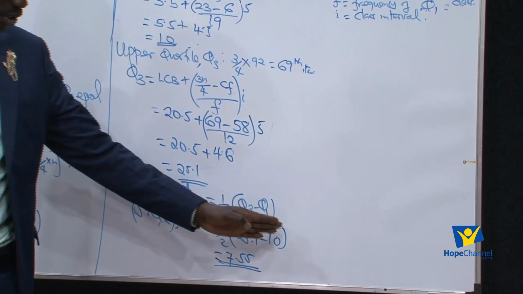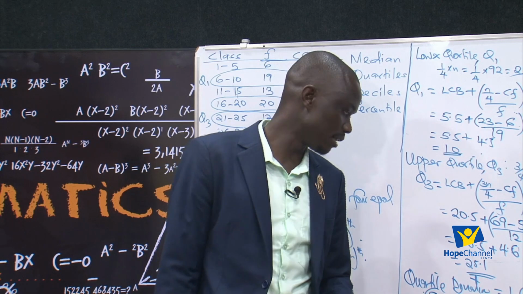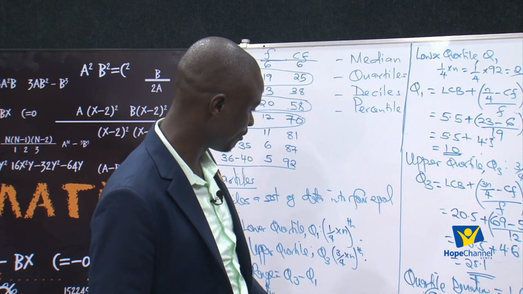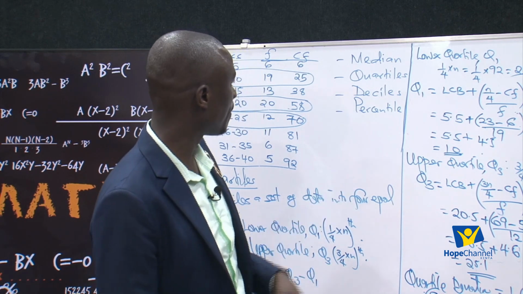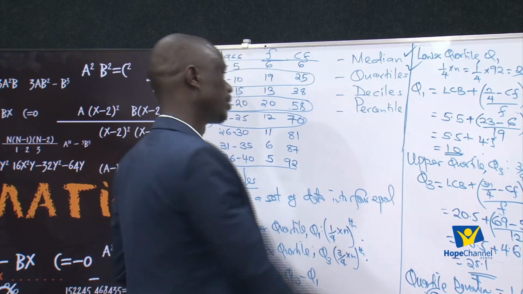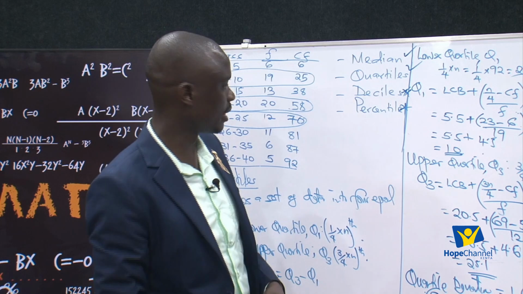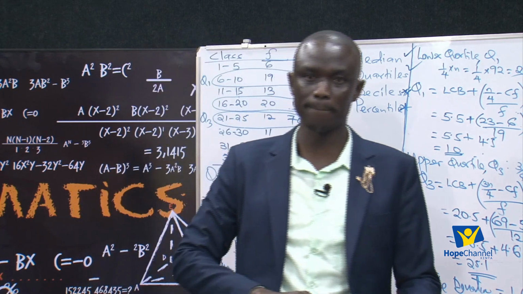Q3 minus Q1 alone is just the quartile range, but deviation is a half of that. That is what we have in the calculation of the median. I've also given you how you will use the same concept to calculate the deciles and the percentiles.